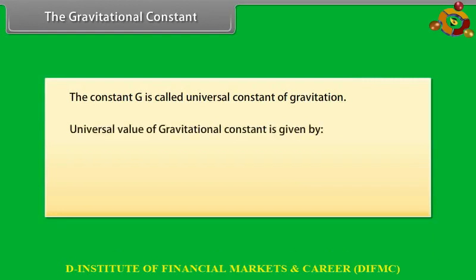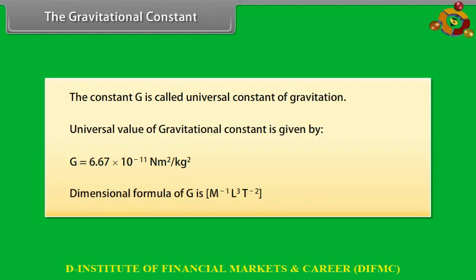The universal value of the gravitational constant is given by G is equal to 6.67 into 10 to the power minus 11 newton meter square per kilogram square. The dimensional formula of G is M to the power minus 1 L cube T to the power minus 2.